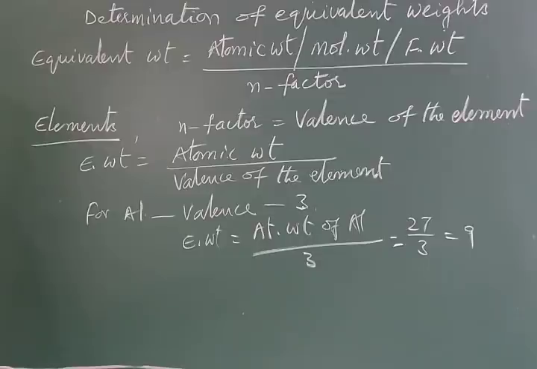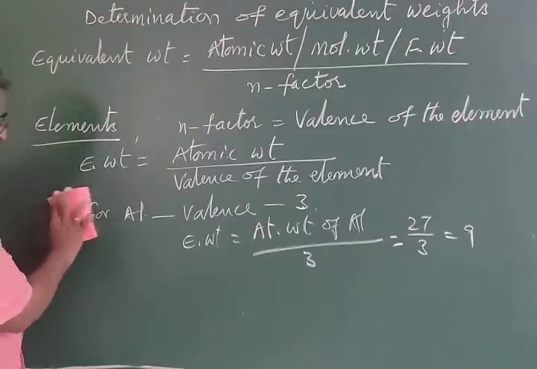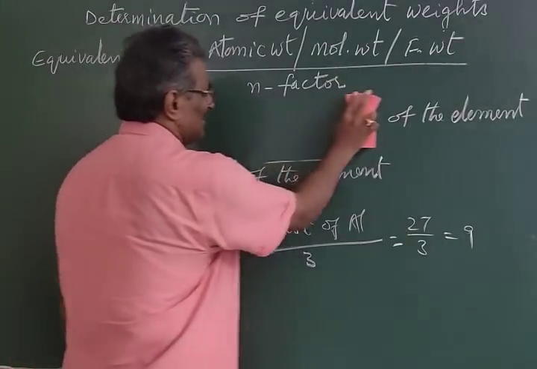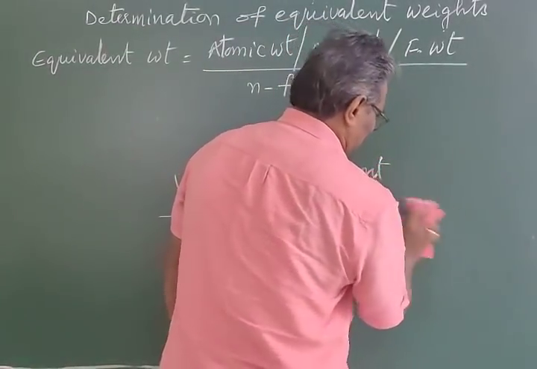Equivalent weight of carbon is 3 in most of the carbon compounds. Okay? This is the way of finding the n factor and then finding the equivalent weight of elements. Next, let us go to some other kind of substances.